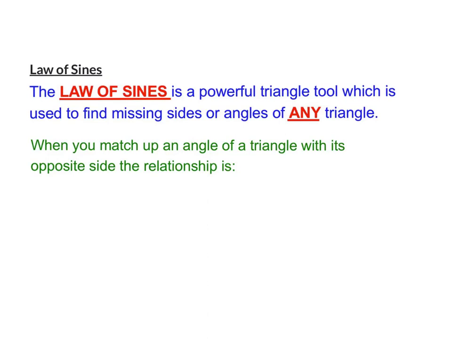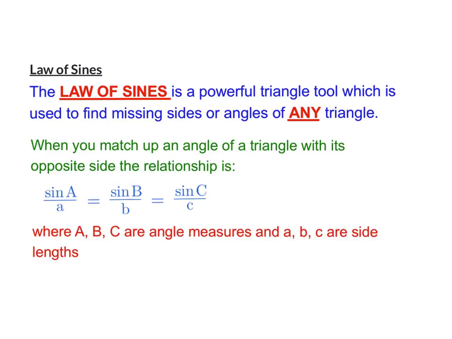For our purposes, we're going to name our angles capital A, capital B, and capital C. And then the opposite sides are just the lowercase of those letters, which is what I'm about to put on the screen. There's a lot there, I know you've got to catch up.